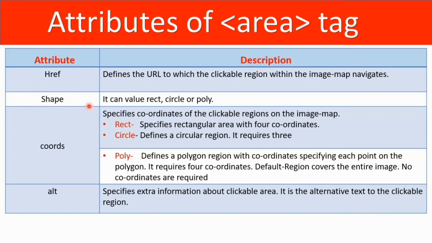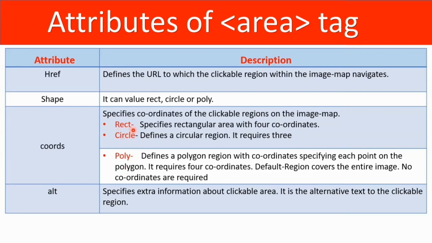The shape attribute is used to take the value of the shape, for example rectangle, circle or polygon. The next attribute is coords, and we use this coords attribute with the area tag. It specifies coordinates for the rectangle, circle and polygon. It also defines the clickable regions on the image map.